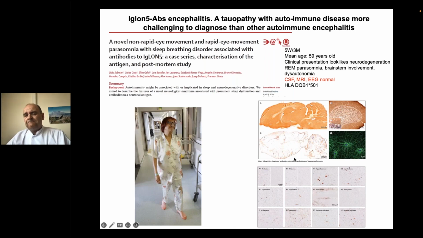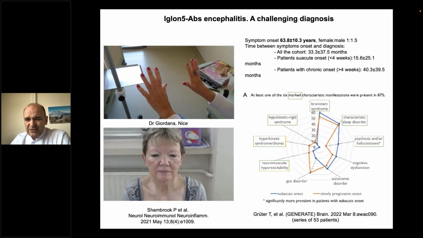So it's a mix between immune disease and neurodegenerative disease. So it's a very important disease to look at.